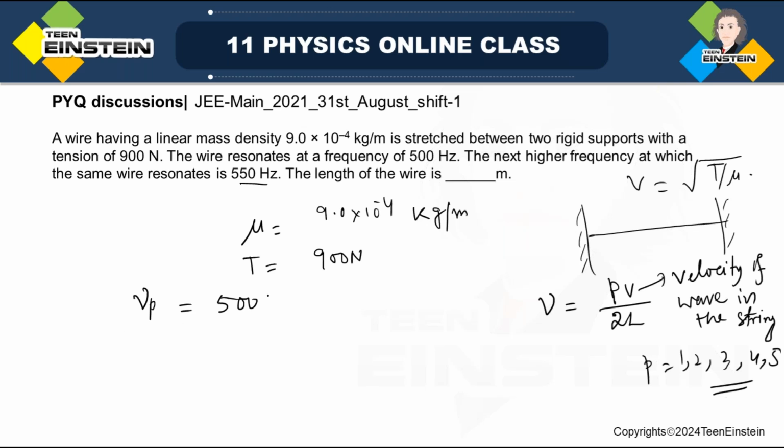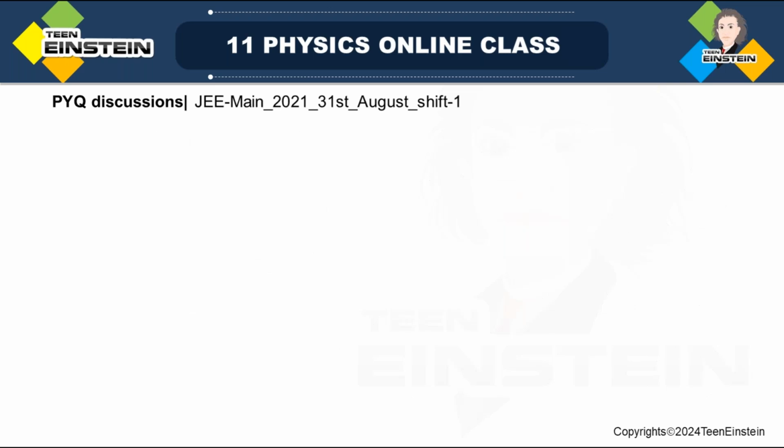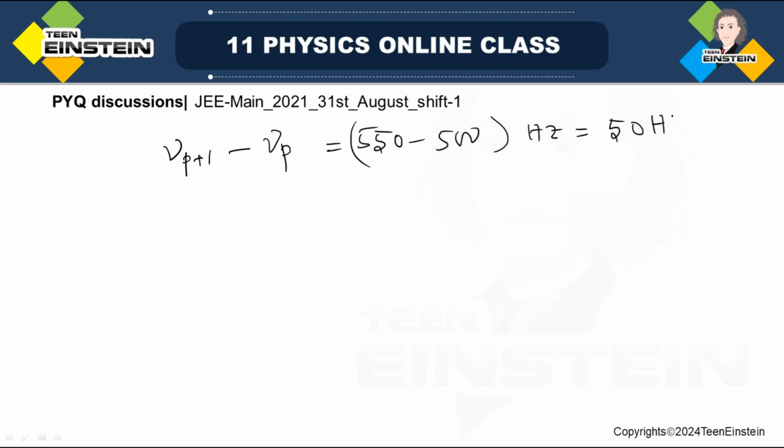So nu_p is 500 hertz, and the next one, nu_(p+1), is 550 hertz. If I take the difference of these two modes, nu_(p+1) minus nu_p, that is 550 minus 500, which gives you 50 hertz.